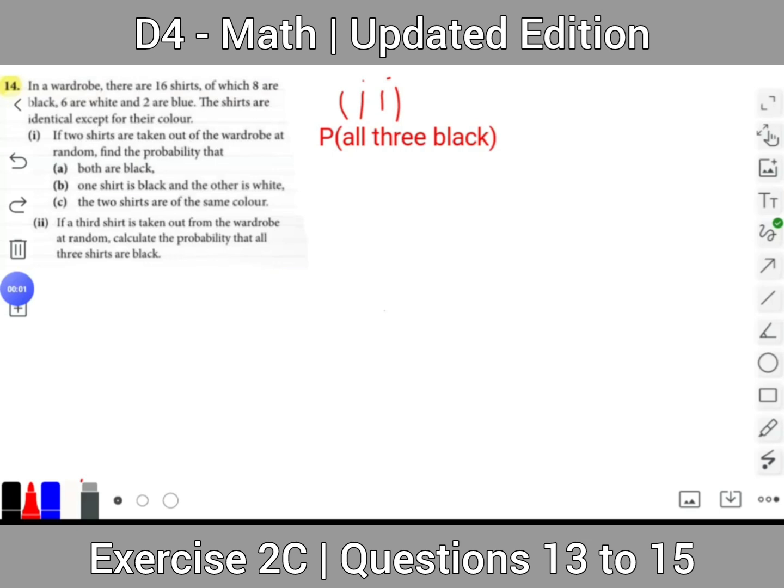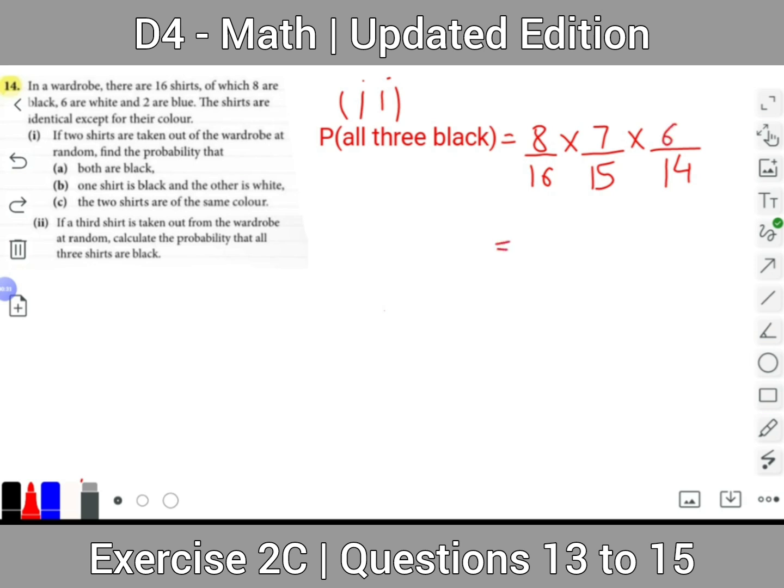Now if a third shirt is taken out from the wardrobe at random, calculate the probability that all three shirts are black. For the first shirt to be black, the probability is 8 over 16. Since we have already taken out one black shirt and 15 shirts are left, here we have 7 over 15. Since we have already chosen two shirts, the total shirts left are 14, and since we have taken two black shirts, 6 black shirts are left.